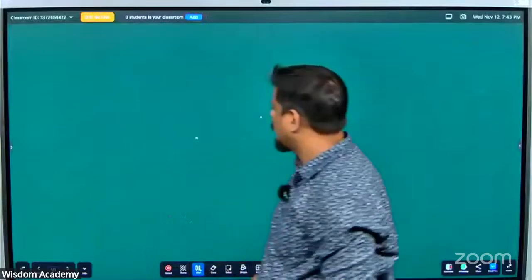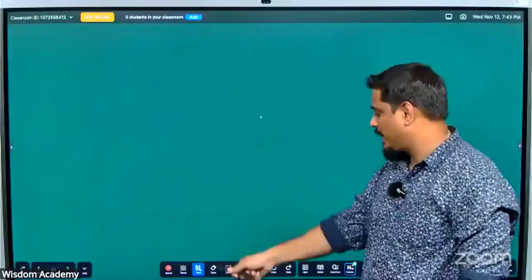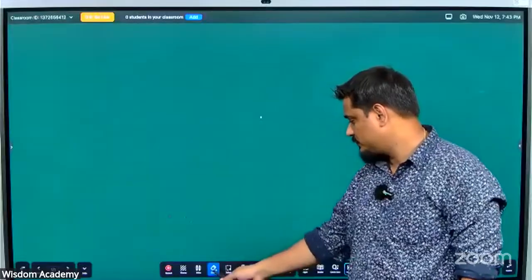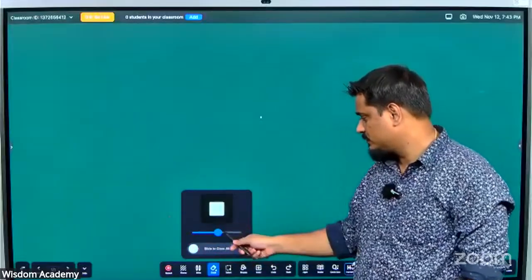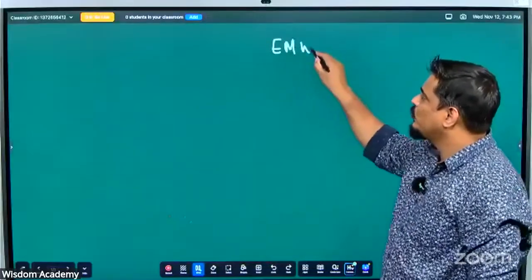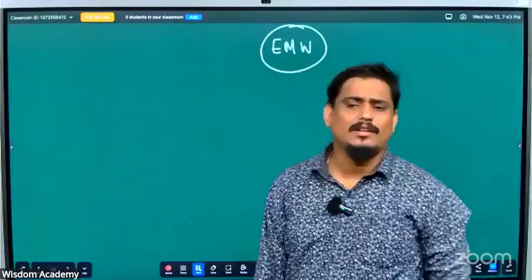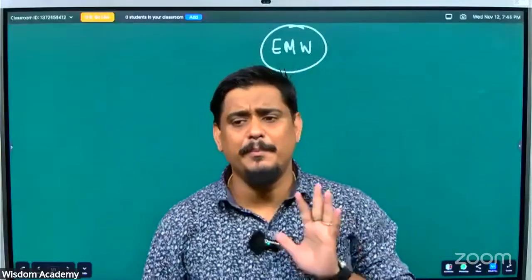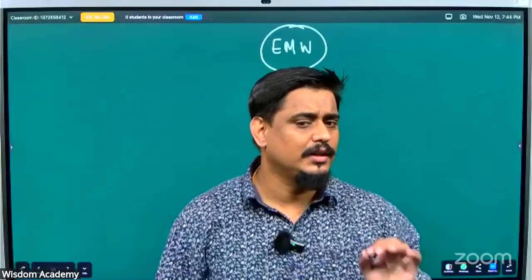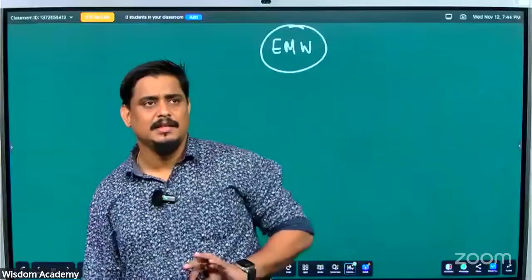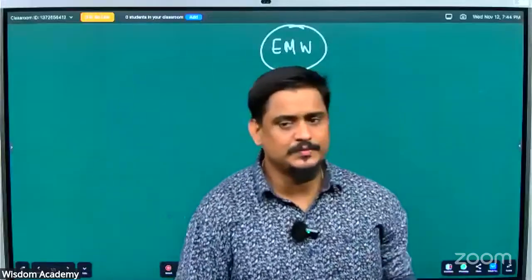Right. So coming to electromagnetic waves. In this chapter, what things are important? First thing is understanding the basics of displacement current. Second is Maxwell's equations.